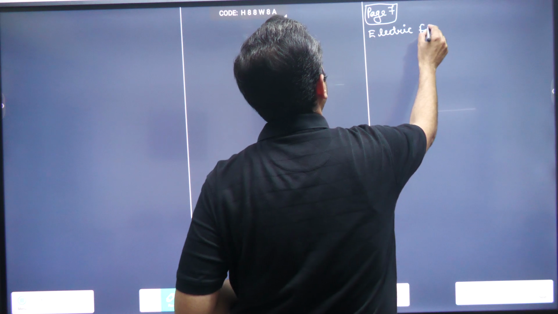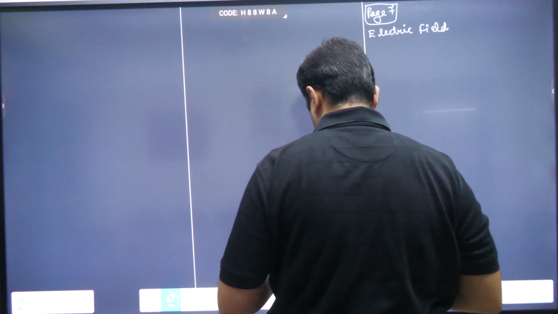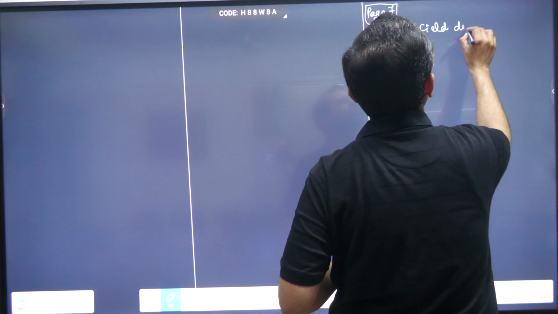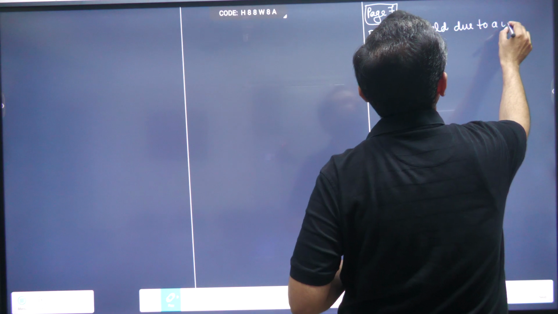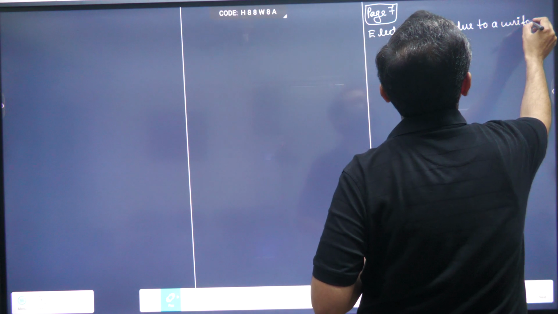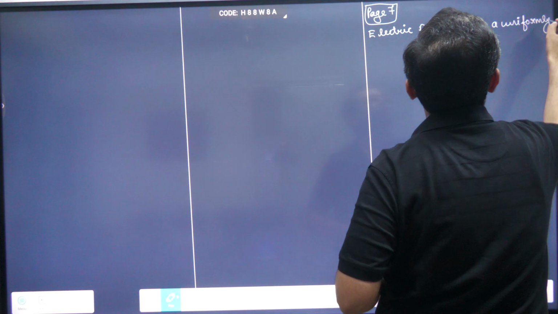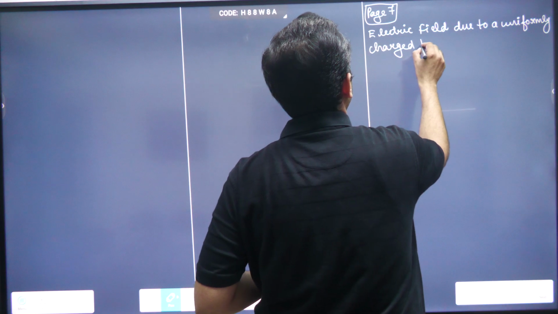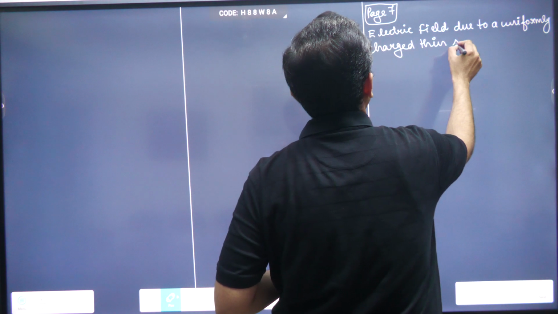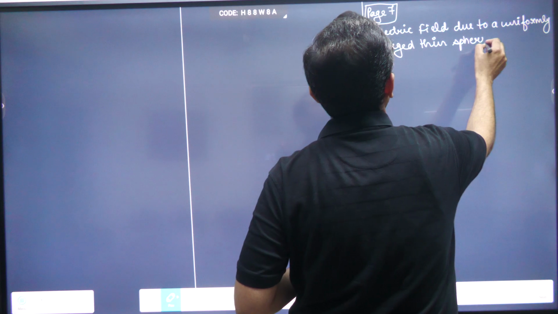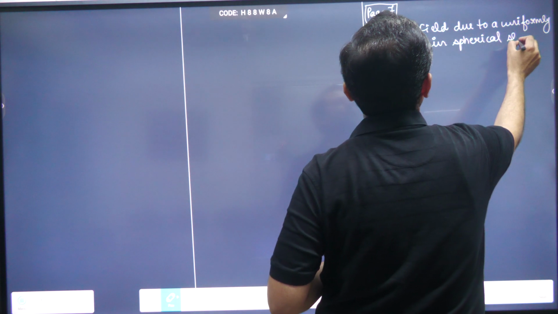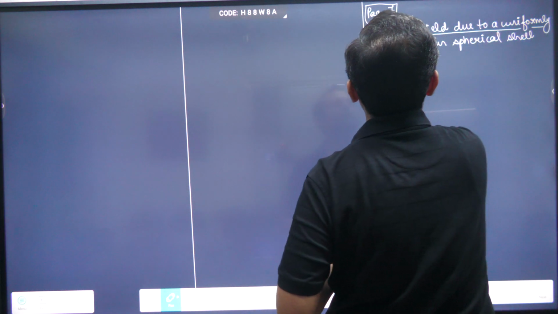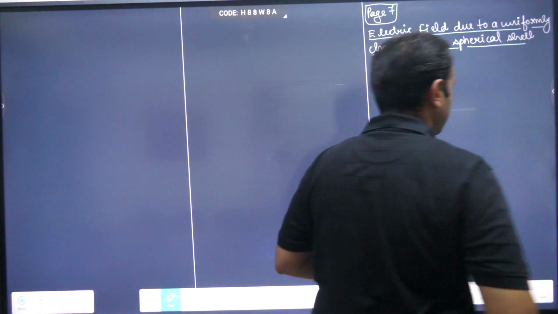Electric field due to a uniformly charged thin spherical shell.